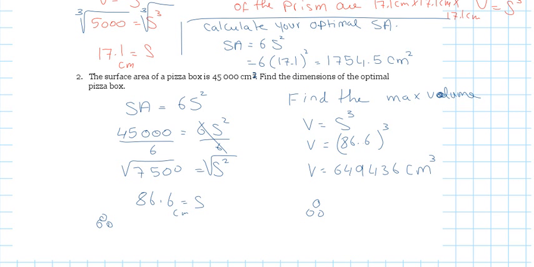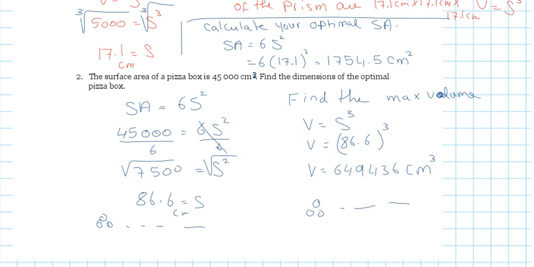Now, something you guys have to be careful with: what if I right away jump into the question, the surface area of a pizza box is this, find the maximum volume? I'm skipping that middle question, but you still have to do that middle step.